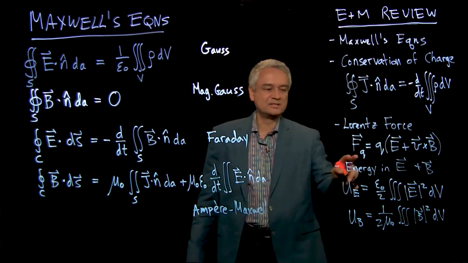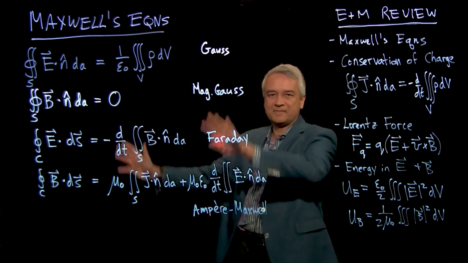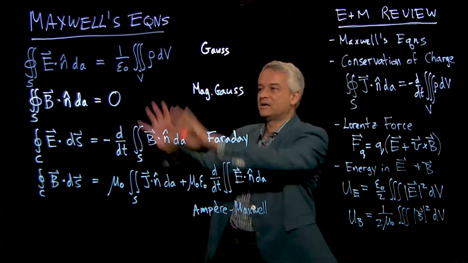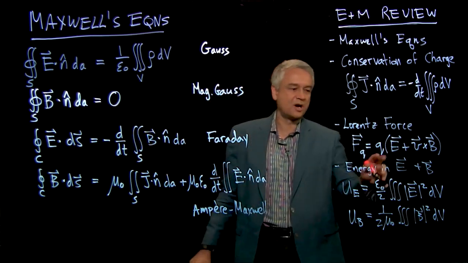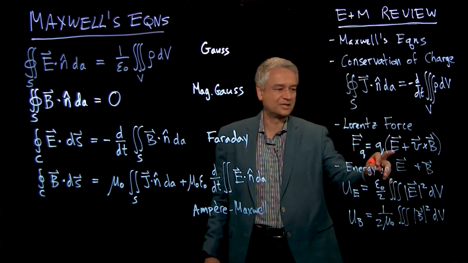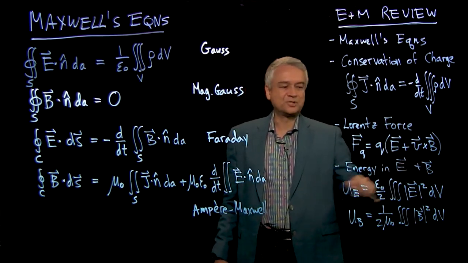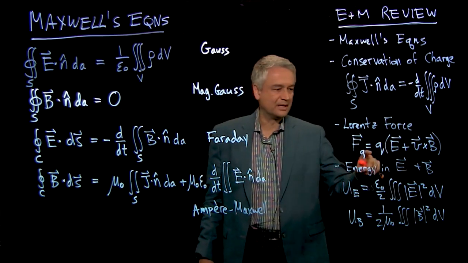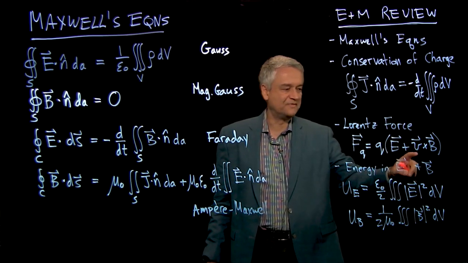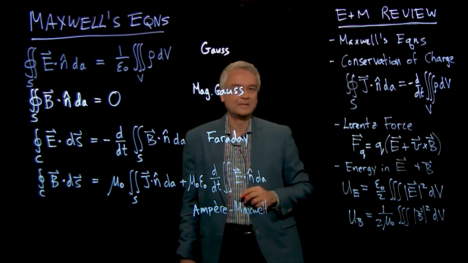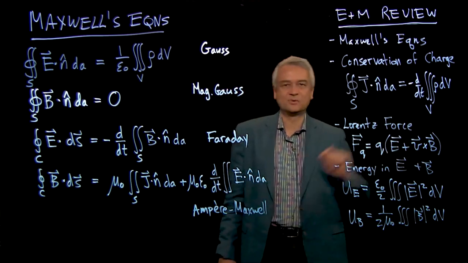The Lorentz force law says, what do these electric and magnetic fields, whose dynamics is now the main object of our interest, do to charges? Well, they exert forces on those charges. An electric field pushes charges around, and a magnetic field pushes charges around if the charges are moving, because the magnetic force is proportional to v cross B. So if the charges are at rest, the magnetic field is not going to push them. So this is the Lorentz force law.